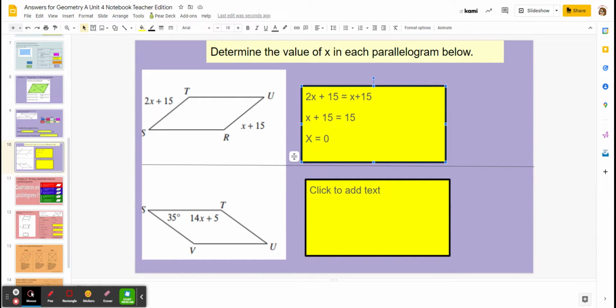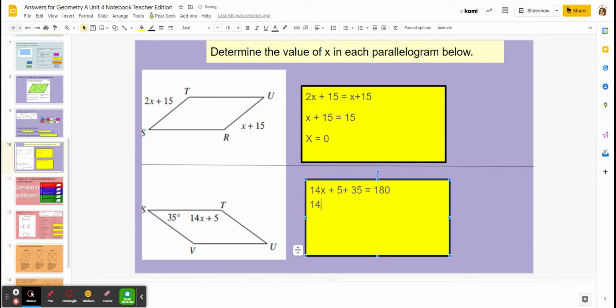All right. And for the second one here, we're looking at the angles. We have two consecutive angles. So remember, consecutive angles must add up to 180 degrees. So 14x plus 5 plus 35 should equal 180.